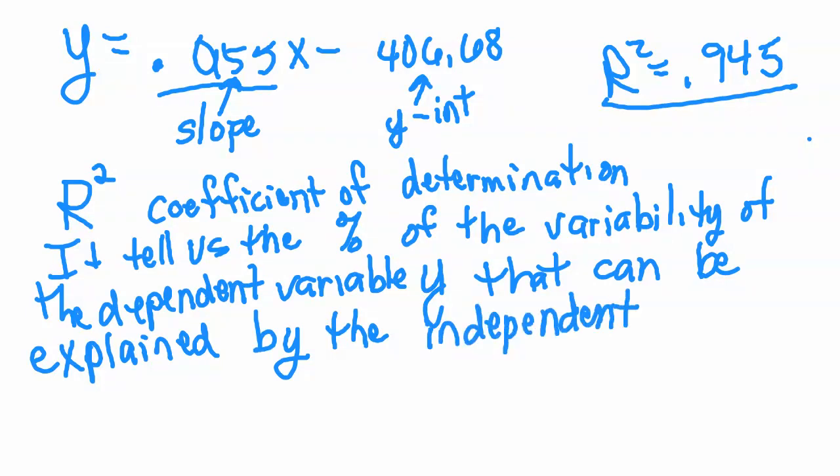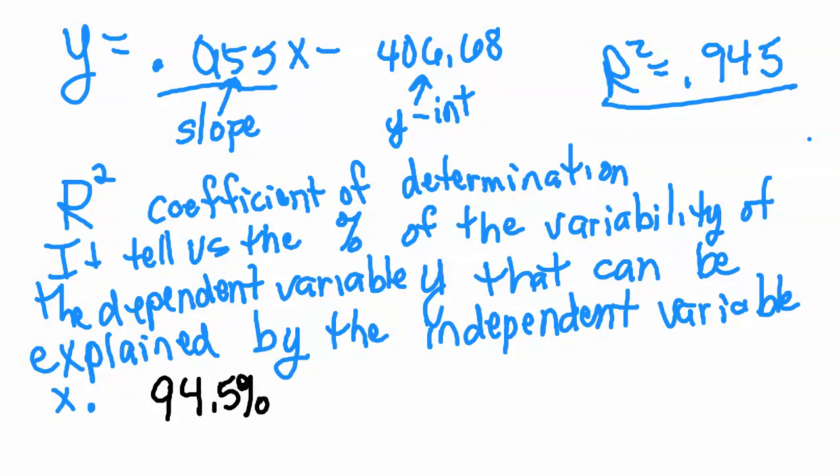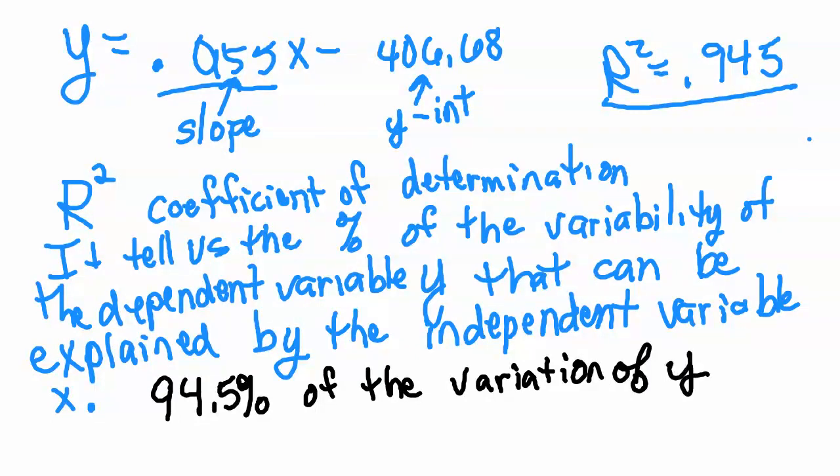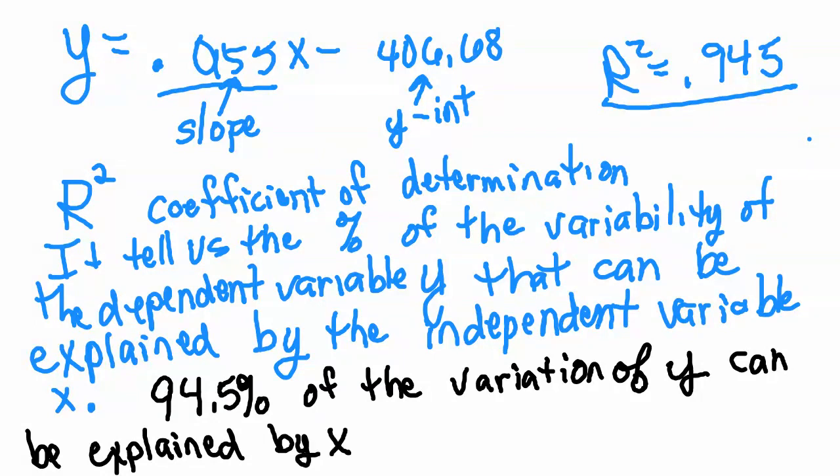By the independent variable x. Okay, so in our case, we have 94.5% of the variation of y that can be explained by x.